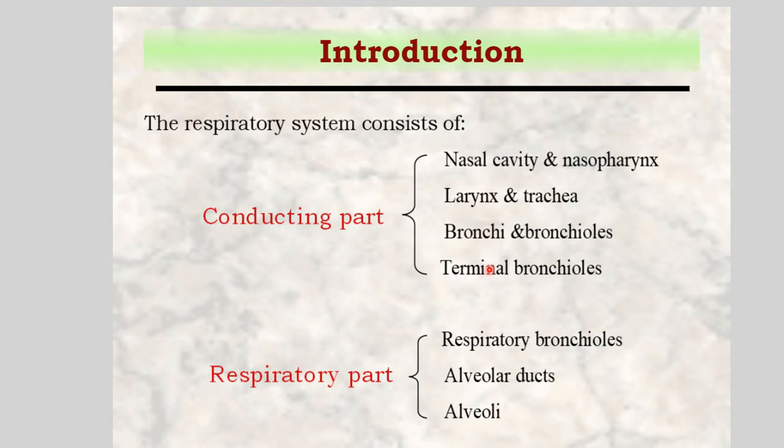It is the conducting part. The respiratory part starts from the respiratory bronchioles, then alveolar ducts and alveoli. So when the air comes in, it goes through all of these, which is the conducting part, and the respiratory part is the place where the gaseous exchange takes place.